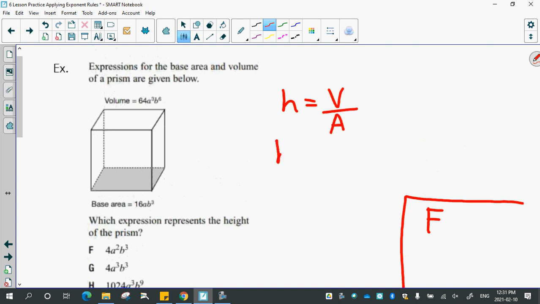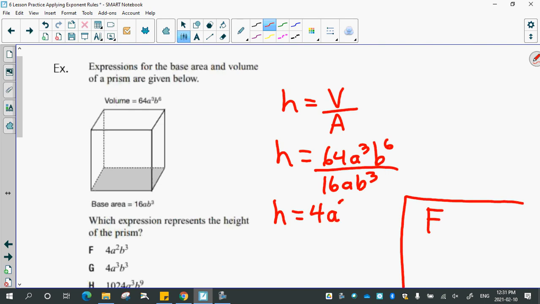The volume was 64a cubed b to the 6 divided by the base area, which was 16ab cubed, and that gave you what? That gave me 4b squared. Very good. So keep the base and subtract the exponents. You have to remember that little 1 there. Keep the base and subtract, divide the coefficients, and that gave us F. Good.